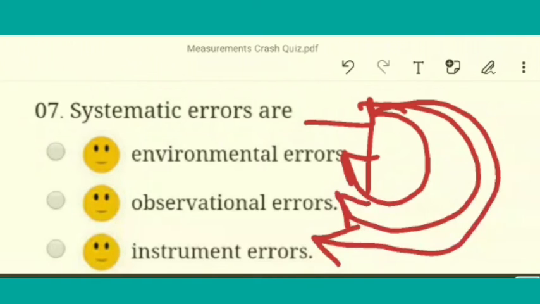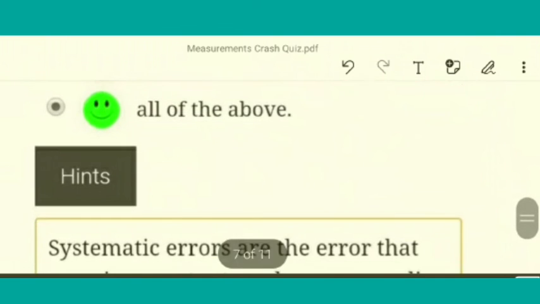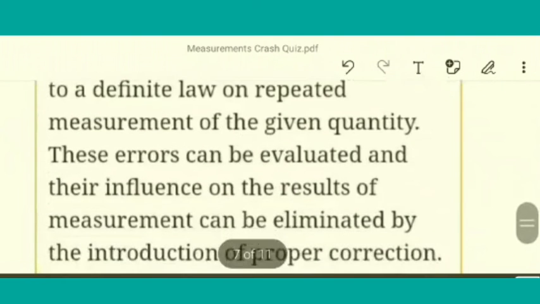These are common for all observers, but gross errors are not common for all observers. But systematic errors like environmental error, observational error, and instrumental error are common for all. So systematic errors are all of the above, so our D option will be the correct answer.